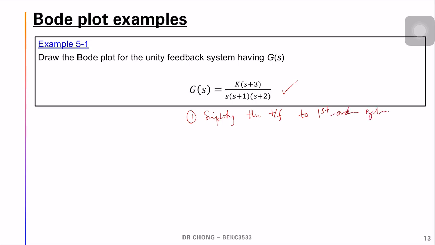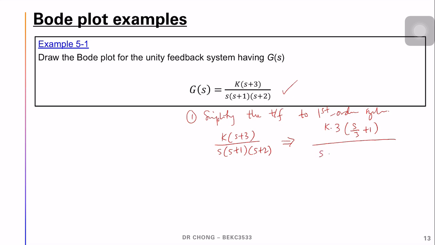Okay, so now let's see. From this we have K(s+3) over s(s+1)(s+2), right? So let's move it to the simple one. You take out the first order, so we take out the 3, then s over 3 plus 1.